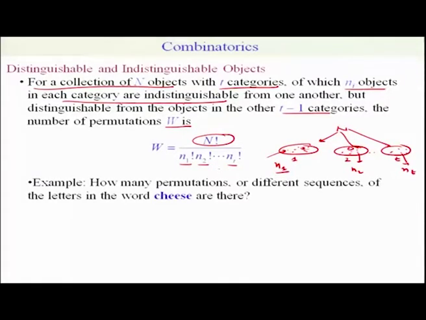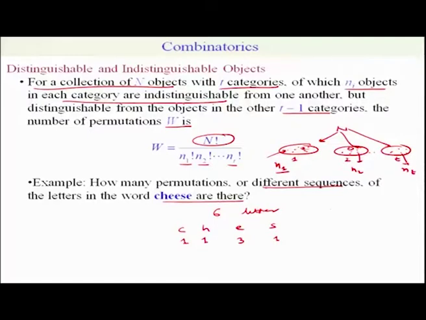Now, we can express this understanding in an example. For example, how many permutations, or different sequences, of the letters in the word are there? If you look at it here, you have 1, 2, 3, 4, 5, 6, so there are 6 letters. Then you have categories C, H, E and S. C is 1, H is 1, E there are 3 of them and S there is 1.